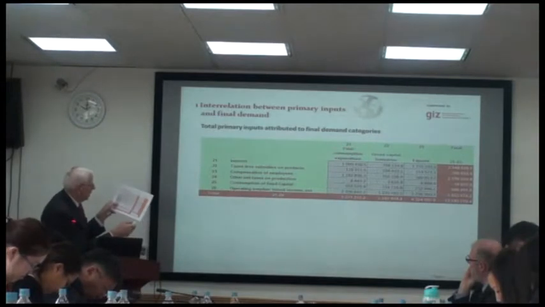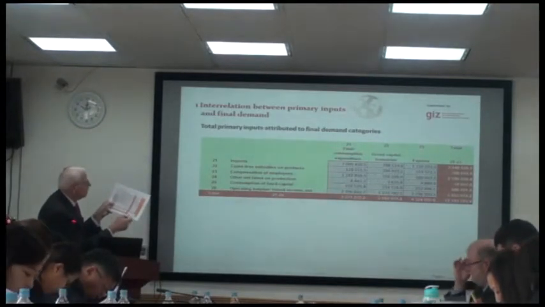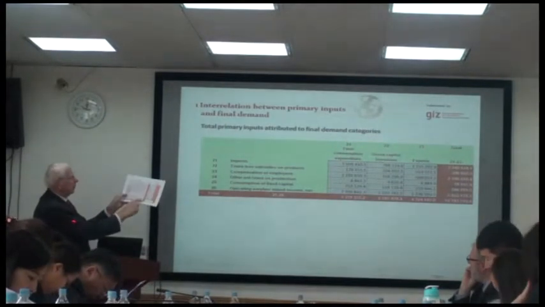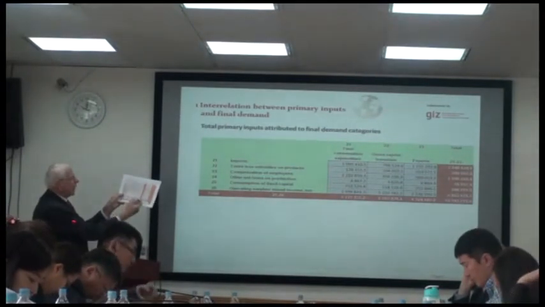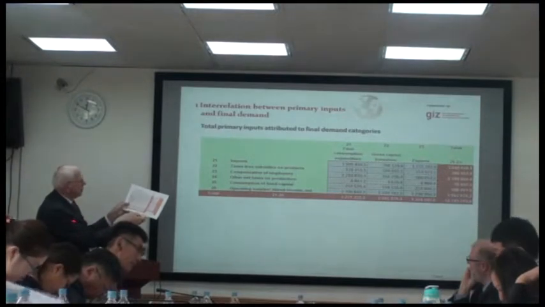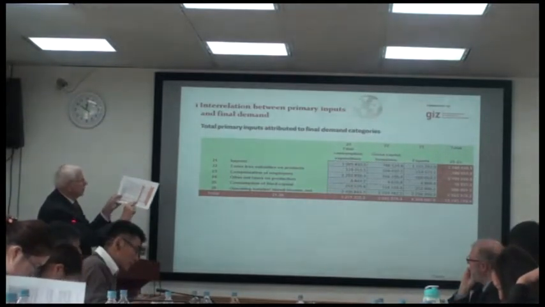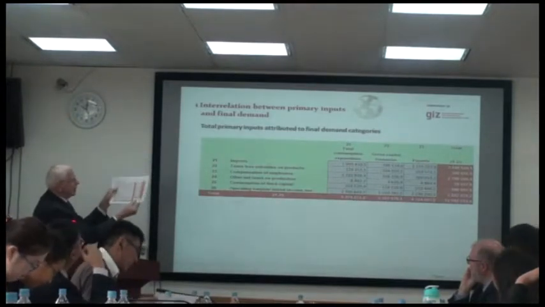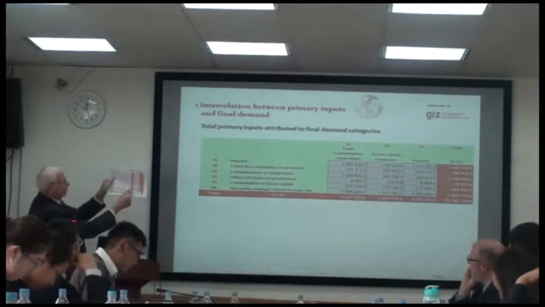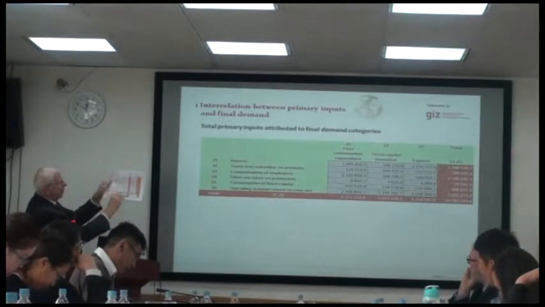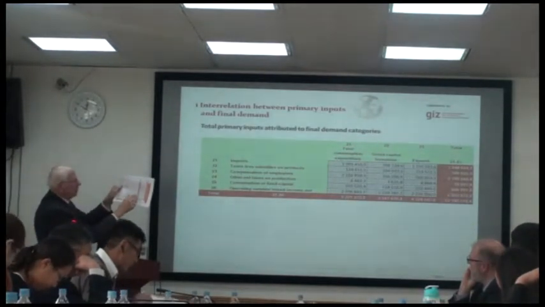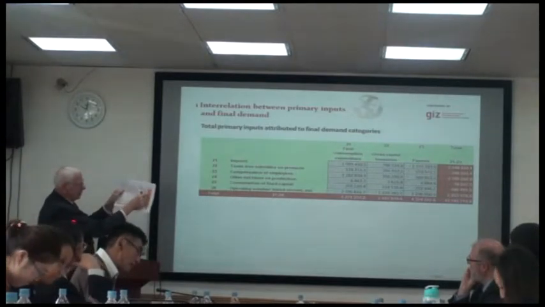What is mentioned for intermediate inputs? 3,048. Here is the figure. And all the other figures, including the compensation of employees, with 2,199.